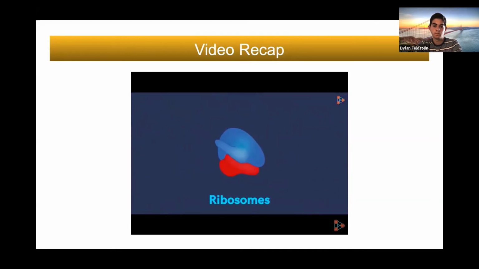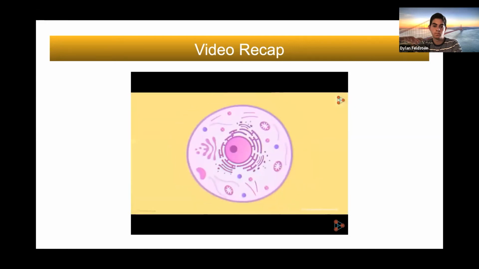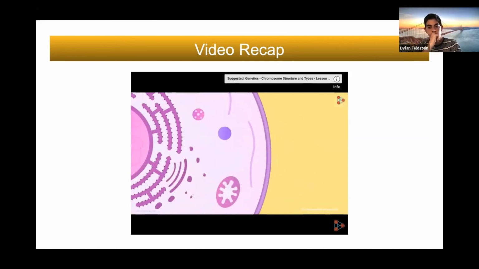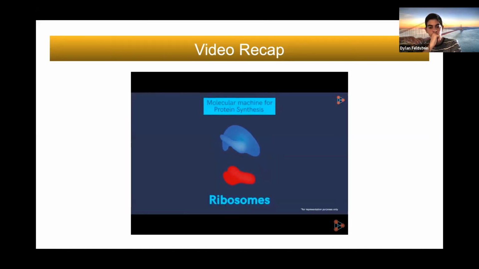Ribosomes are a complex assembly which acts like a molecular machine for protein synthesis. Remember the small dots attached to the surface of the rough endoplasmic reticulum? We find them in the diagram of a typical cell. These are nothing but ribosomes. So the ribosomes are usually made up of 2 subunits, a smaller and a larger one.